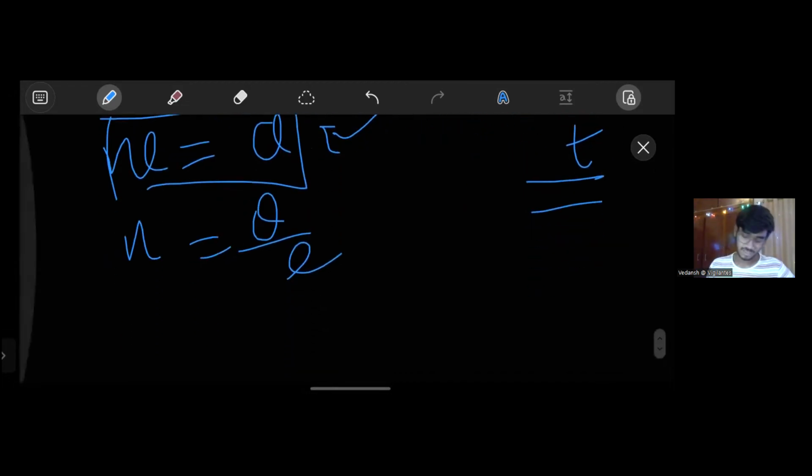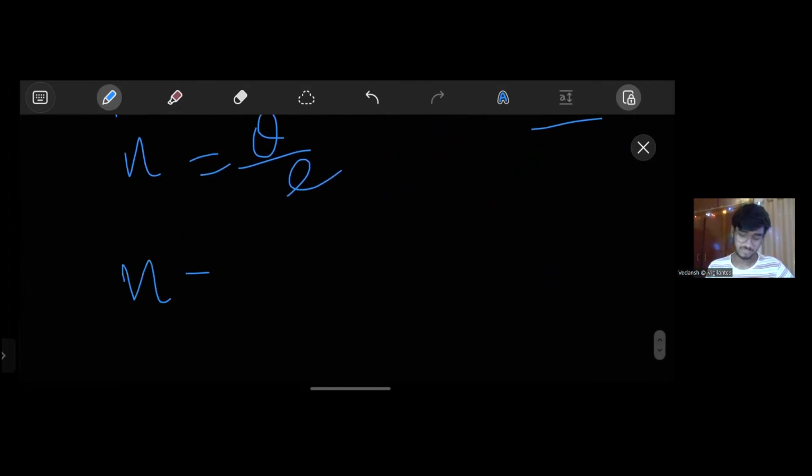Okay, so I have to find n. I have been given the value of q, and I know e is 1.6 into 10 raised to minus 19. Sorry, I did it the other way around. This is e.